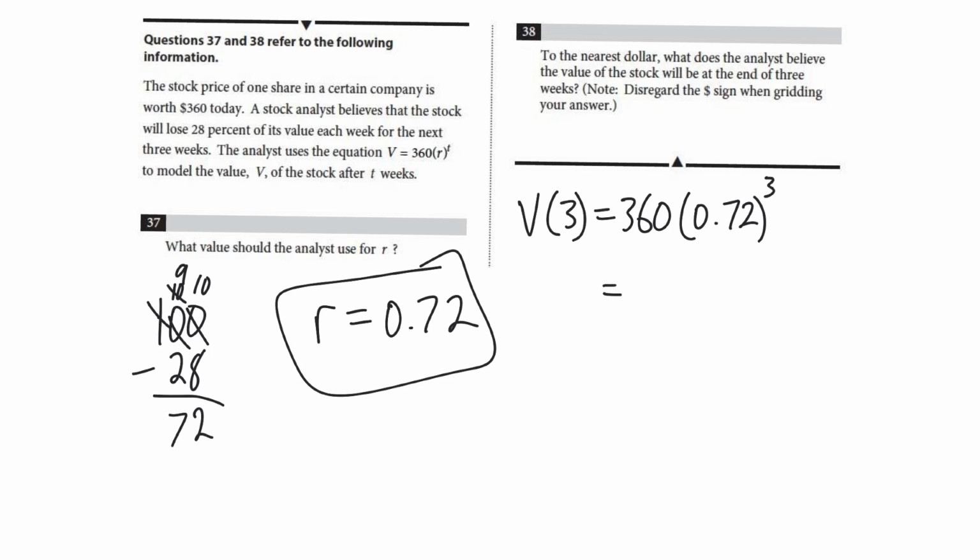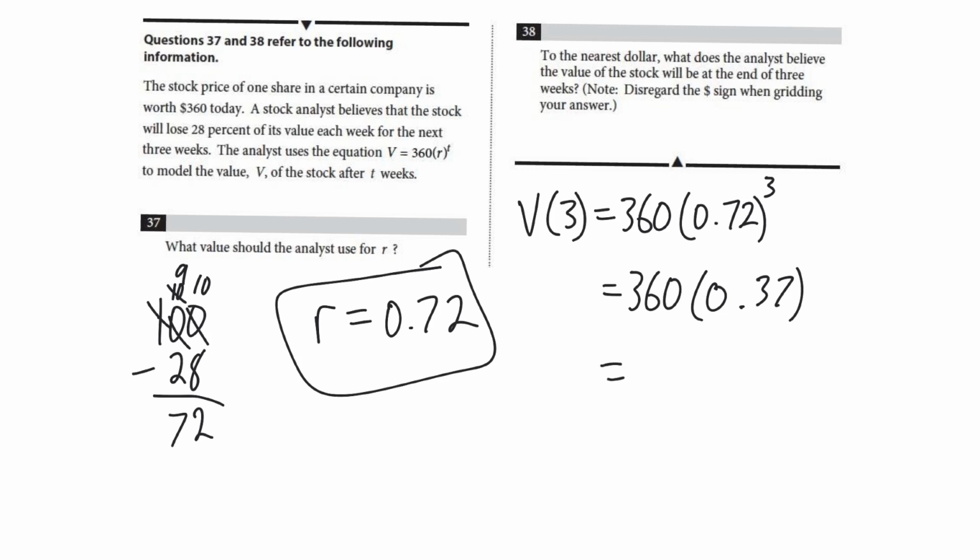So we are going to have 360 times 0.72 raised to the third. I'm going to round that to the hundredth, 0.37, and I'm going to multiply that by 360.